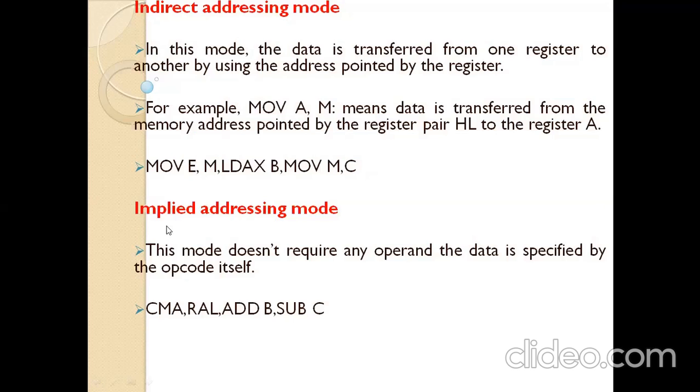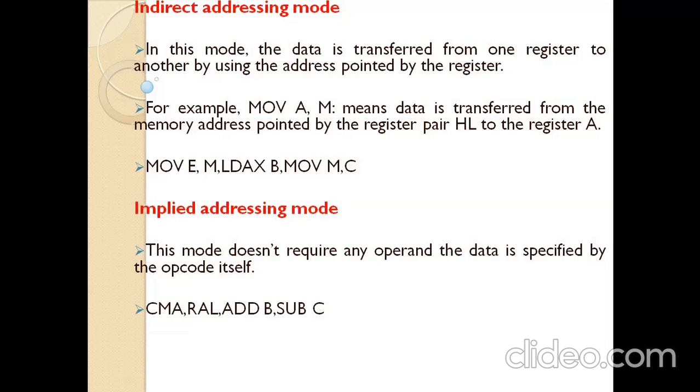Next one is called implied addressing mode. In the previous topic we studied that there are three types of instruction: 1 byte instruction, 2 byte instruction and 3 byte instruction. The 1 byte instructions are called implied addressing mode. Why? Because these instructions consist of only opcode.